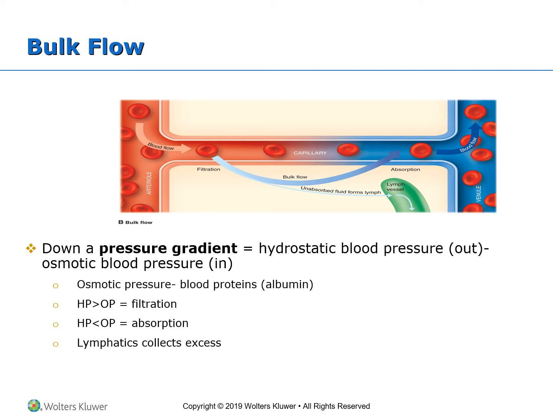So a lot of the fluids will be filtered out from the capillaries and will exist inside the tissues, in the interstitial tissue, up to a point that the capillary hydrostatic pressure will be very low. And at that point, the absorption, the recollection of the fluids from the tissues will be returned.